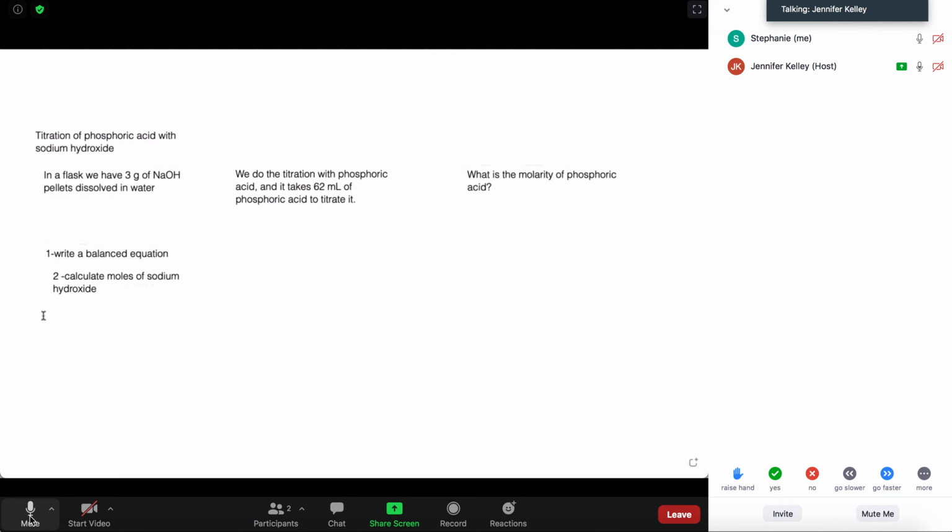And then step 3 is going to be calculate moles of phosphoric acid. And then step 4 is use the molarity formula to find the molarity.